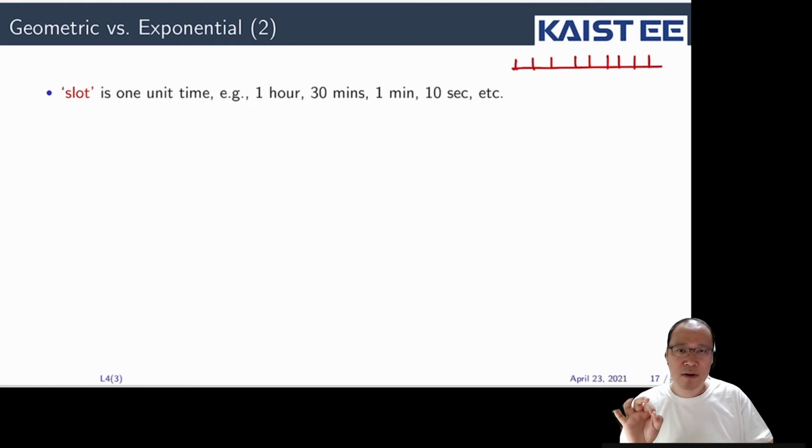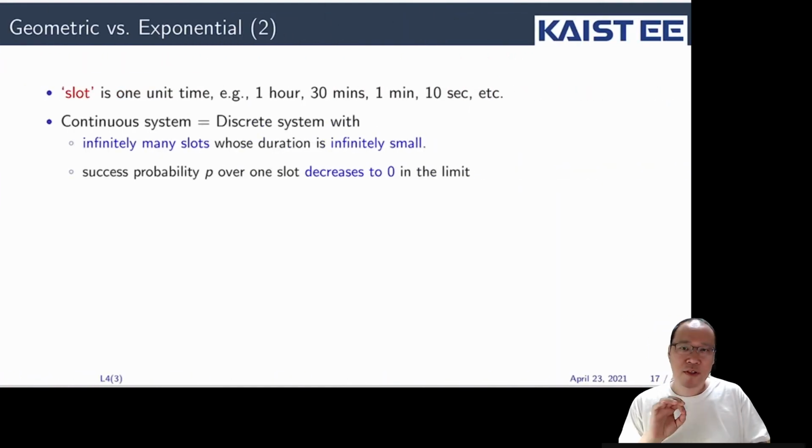It can be 1 hour, it can be 30 minutes, it can be 1 minute, or it can be 10 seconds, depending on how you use this discrete time. Okay? So once you define the slot, the continuous system can be regarded intuitively as the discrete system with infinitely many slots whose each slot's duration is infinitely small.